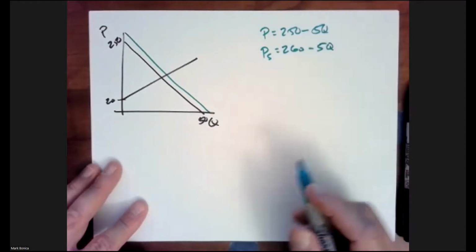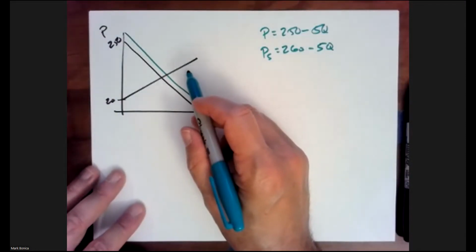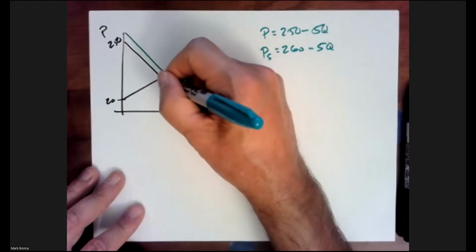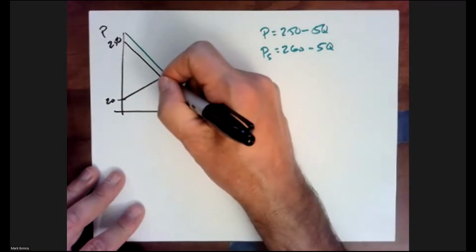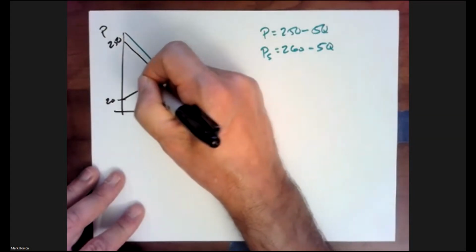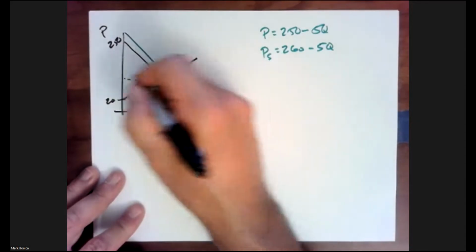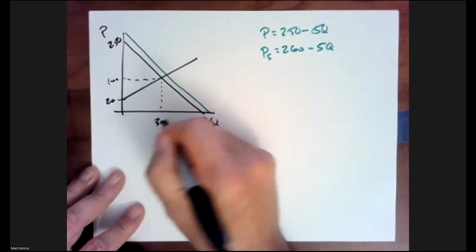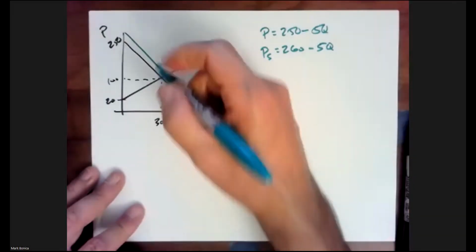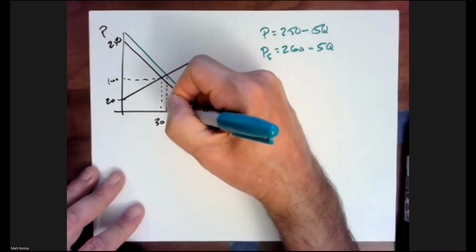minus 5Q. Now, Morgana's supply curve hasn't changed at all, but we're going from an equilibrium of 130 now to whatever this is.